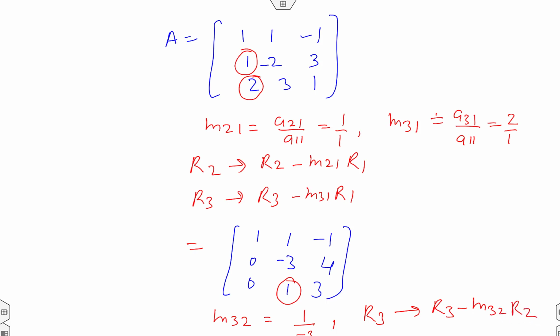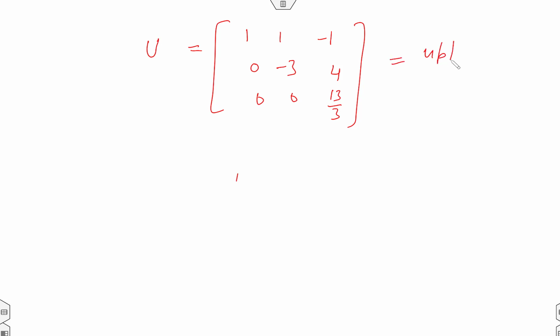So after applying this row operation, we are getting 1 1 minus 1, 0 minus 3 4, 0 0 13 upon 3. This is your matrix A after applying the row operations. We can call it U because it is an upper triangular matrix.